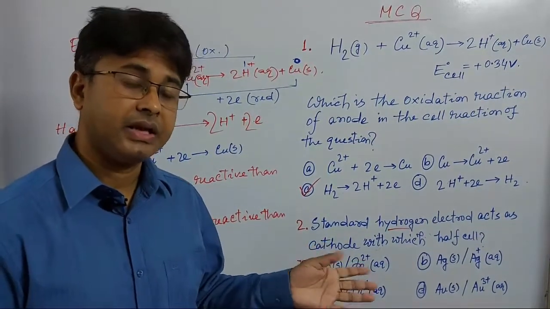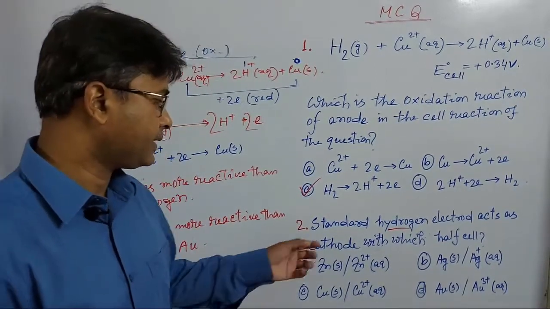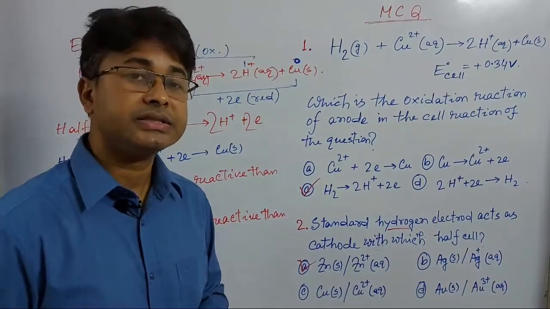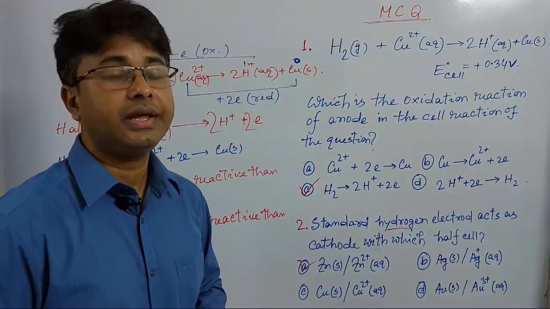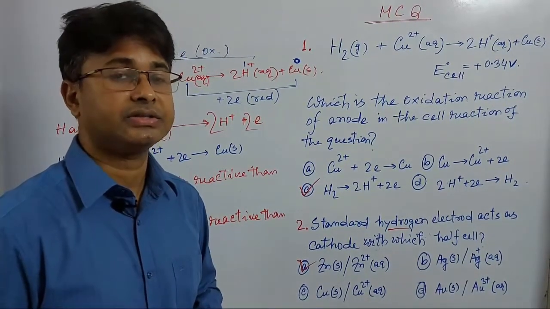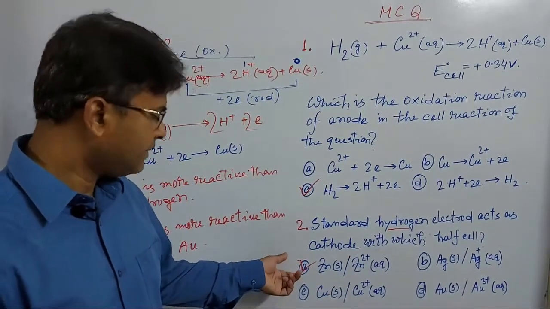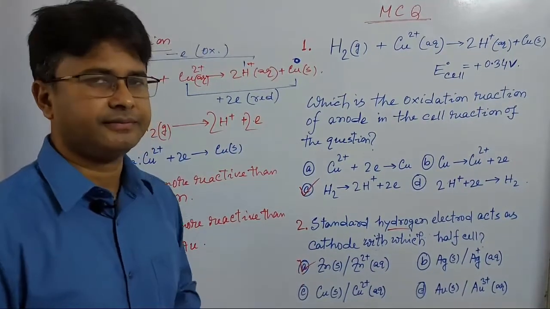In that case, hydrogen will be anode. But if I compare hydrogen with zinc, here zinc is more reactive than hydrogen. That's why zinc is made anode in this case and hydrogen is made cathode in this case. That's why I have marked here the correct answer is A.